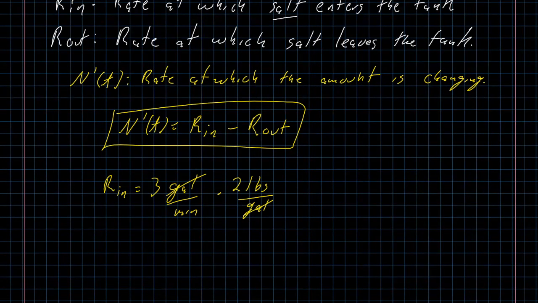The gallons cancel each other out. 3 times 2 is 6. And we get that the rate at which salt is entering the tank is 6 pounds per minute.